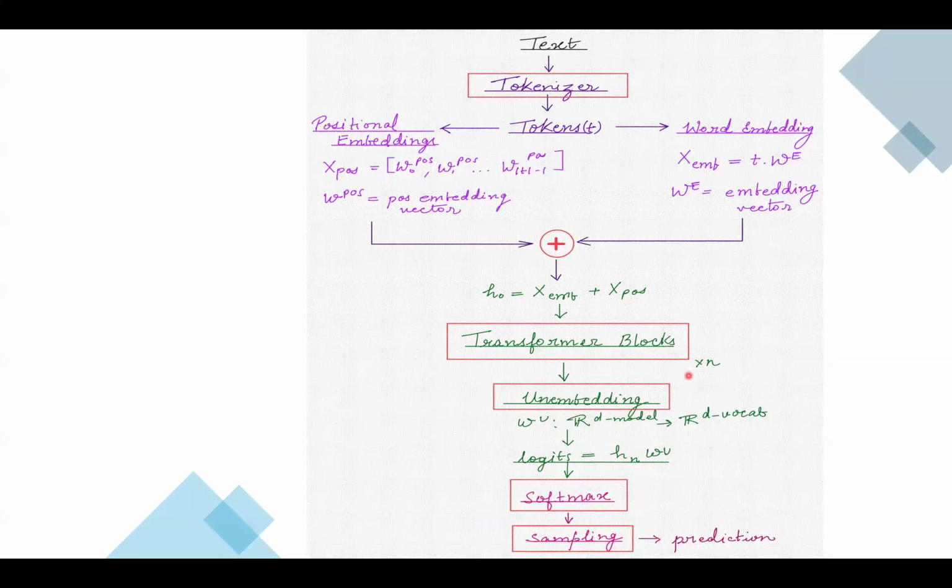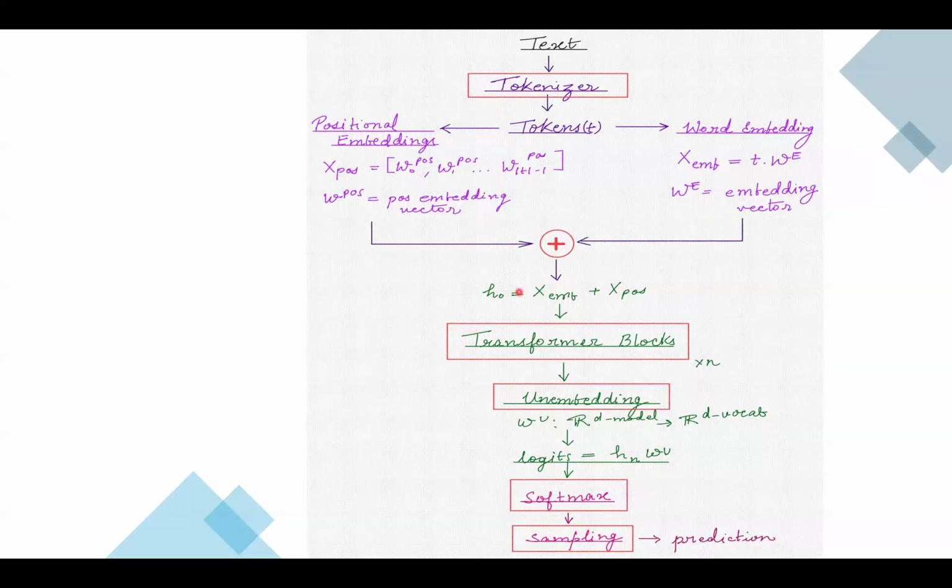Basically, all the operations done in the transformer block keep this dimensionality intact. So in the end, you would get an HN with the same dimension but a transformed vector, which has all the information the model has processed in the transformer block, but it won't change the dimension.